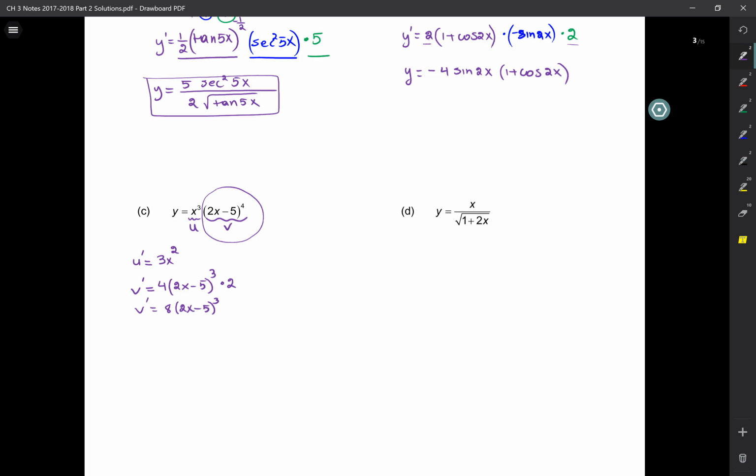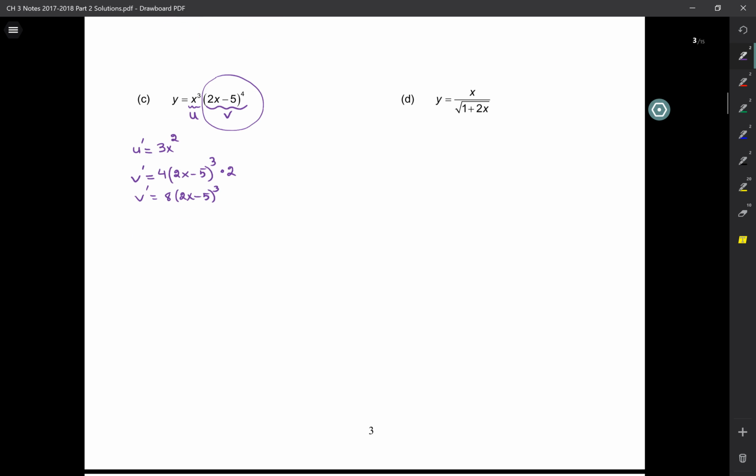Now y prime is going to be uv prime plus u prime v. So y prime is equal to, now you just have to be careful of plugging in the correct elements. What was u? X cubed.